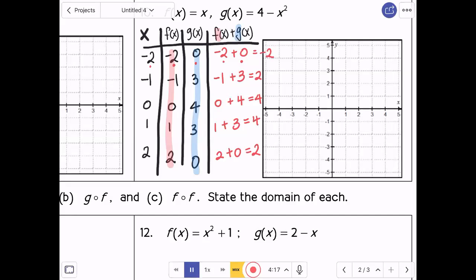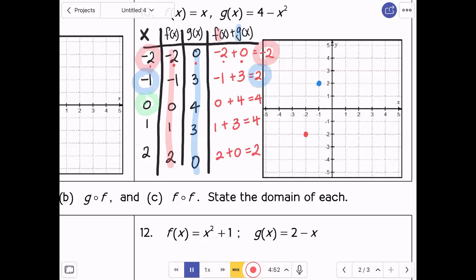When x is -2, your y will be -2. So we plot -2, -2. Second point, when x is -1, your y is 2. So -1, 2.